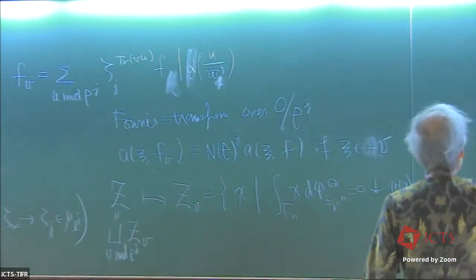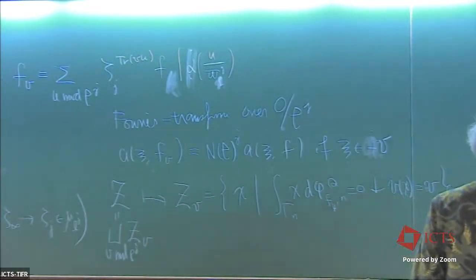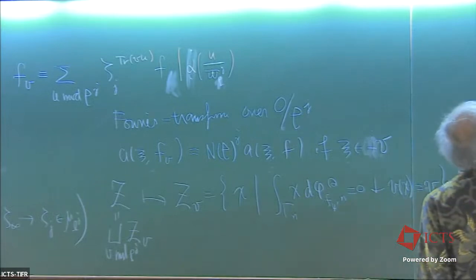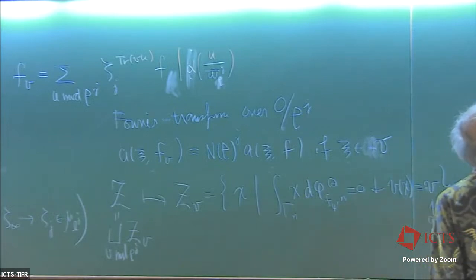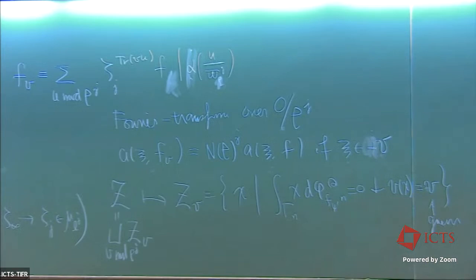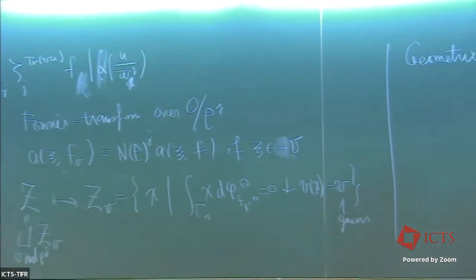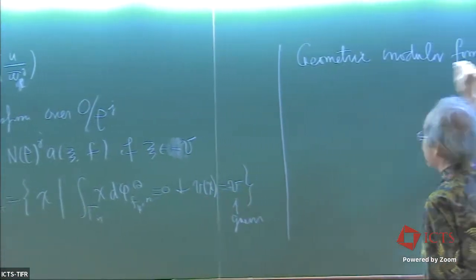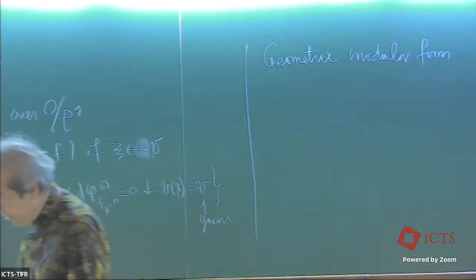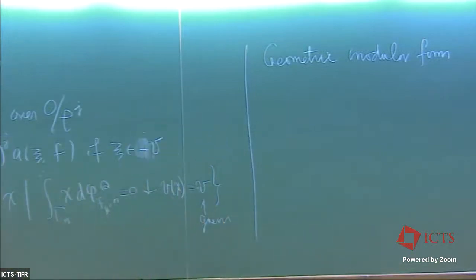All right. So I just say something about the geometric modular form. The definition of modular form, of course, you can say that it is a function on the product of upper half complex plane and so on. But that only works for Archimedean, over complex numbers.